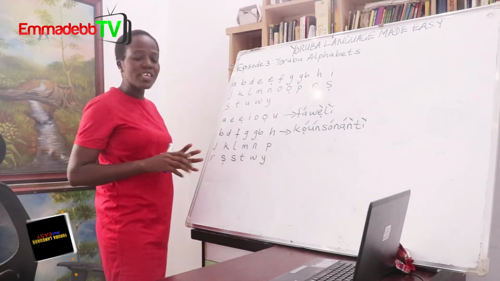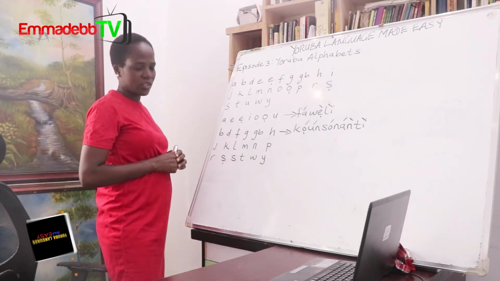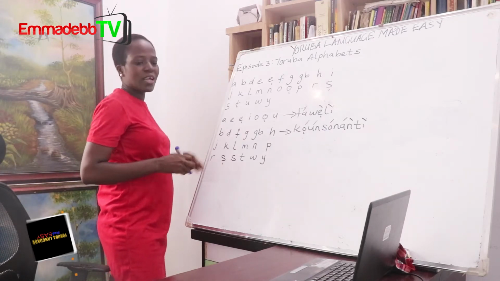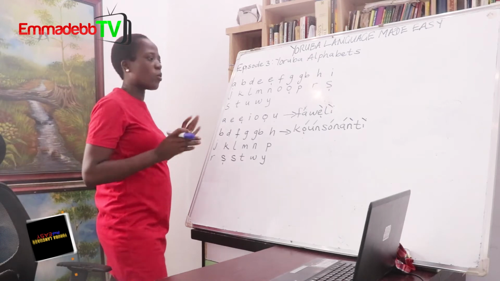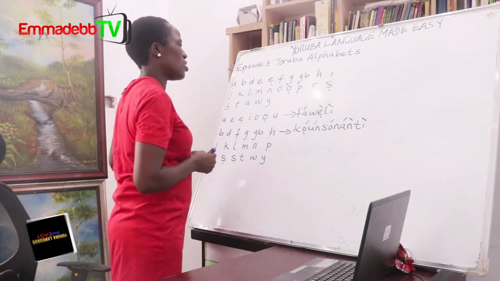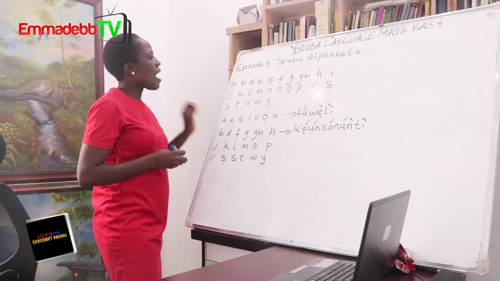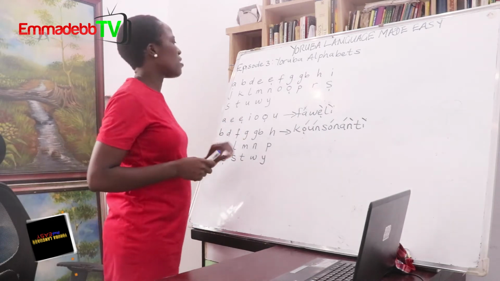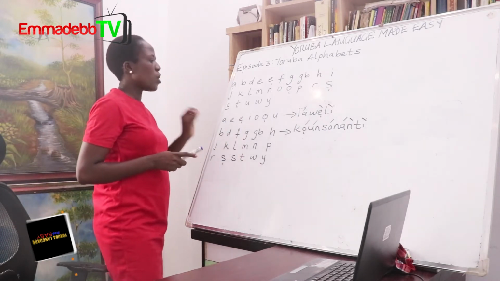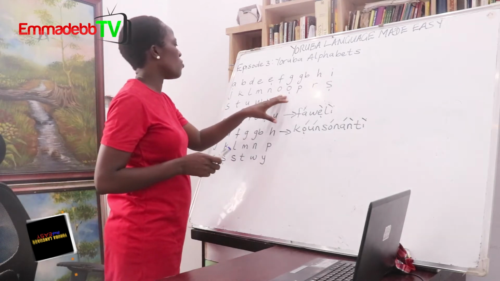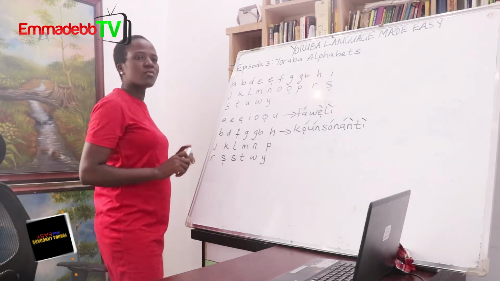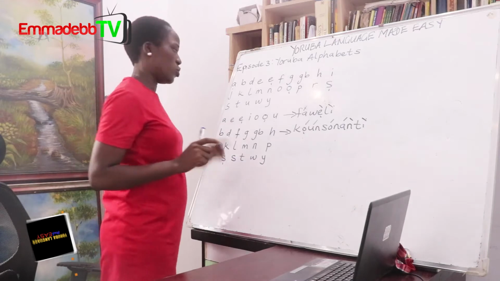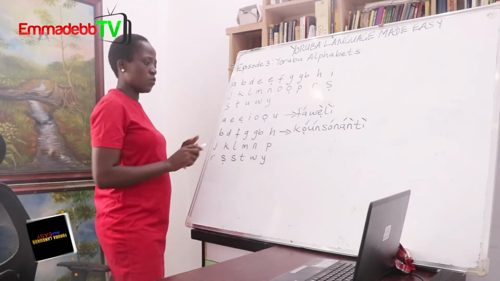Now, when we look at it, we see that some of these alphabets are already in English language, and there are some of them that we are not familiar with at all. You can't find them in English language. As we see vowel sounds in English language, we also see vowel sounds in Yoruba language. As we see consonant sounds in English, we see consonant sounds in Yoruba.